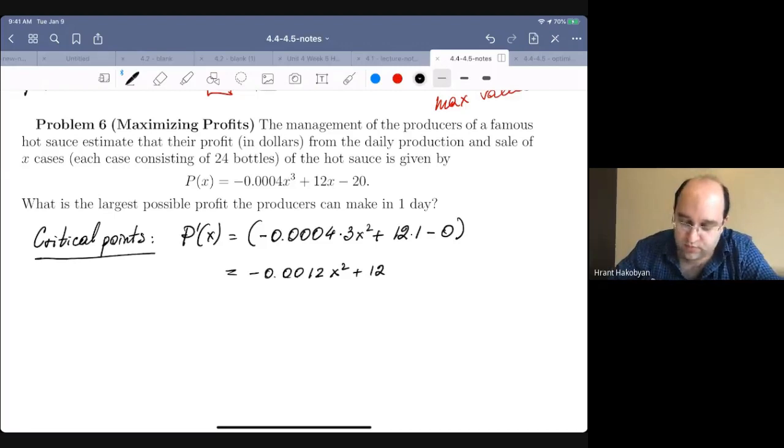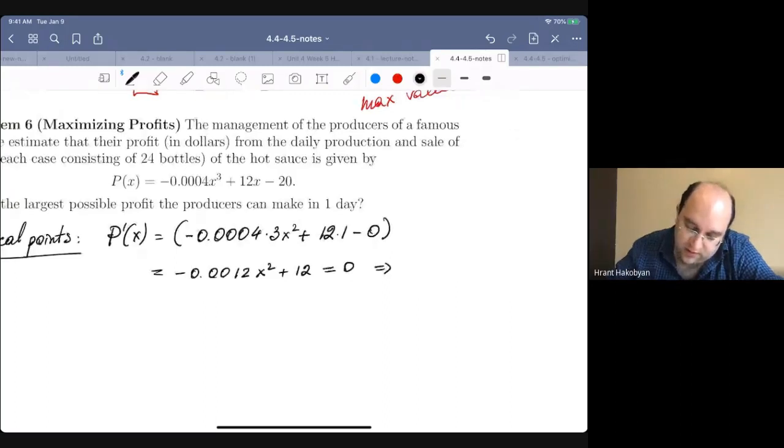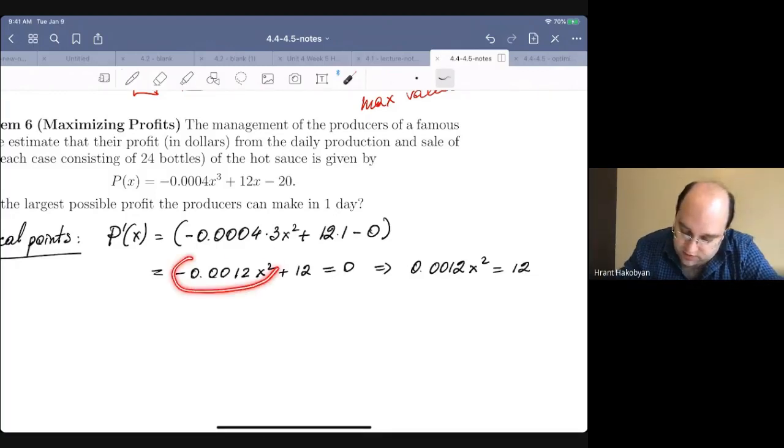Okay, and then I need to set this equal to 0. So what do I get? If I solve, I move this to the other side and I get the equation 0.0012 x squared is equal to 12.